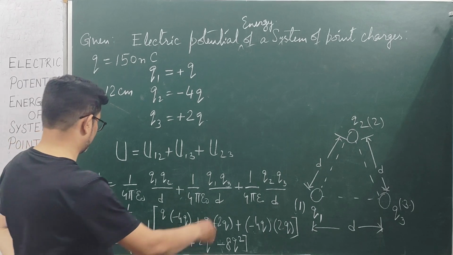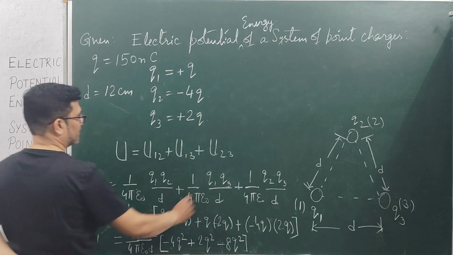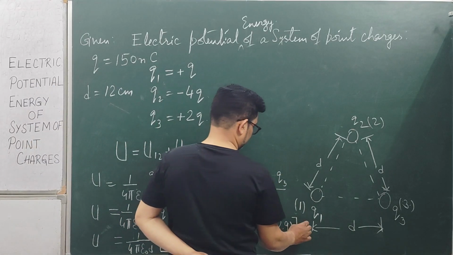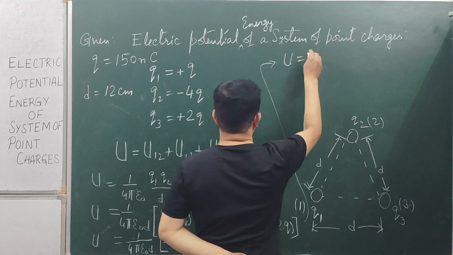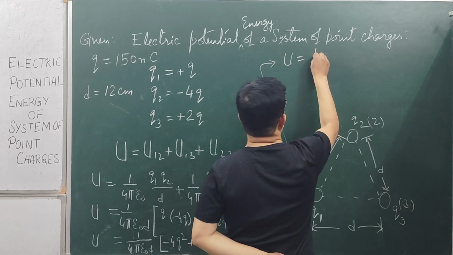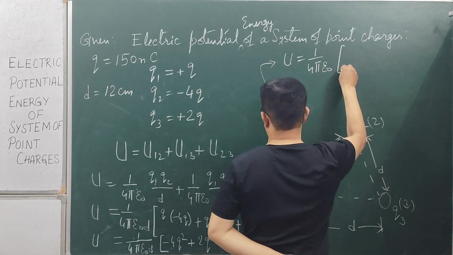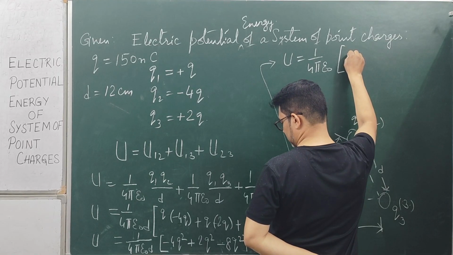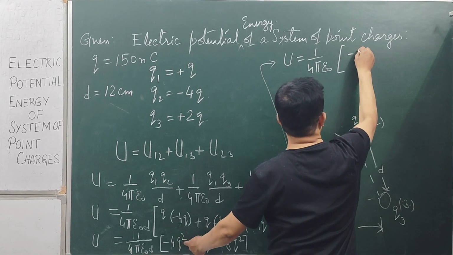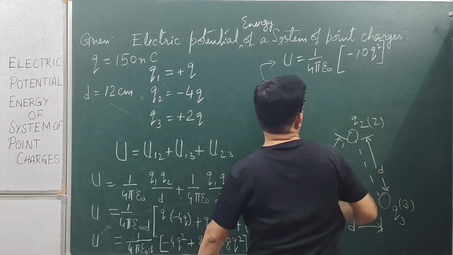So therefore U is now 1 over 4 pi epsilon naught D, and in the bracket we are getting minus 10Q squared. This is what we get.